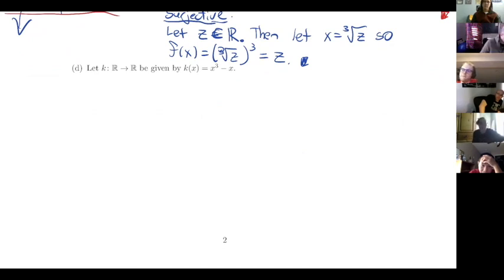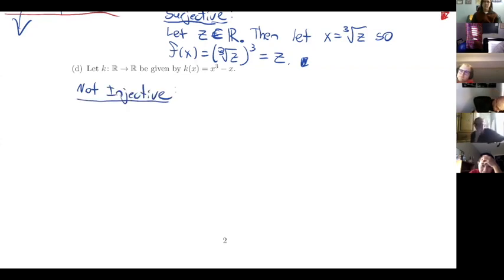Okay, so this one over here, just to make sure we're clear on this, it was not injective. And to prove that, we just need one counterexample. People came up with different ones, but these are two different inputs that both get mapped to 0, so thus it's not injective.